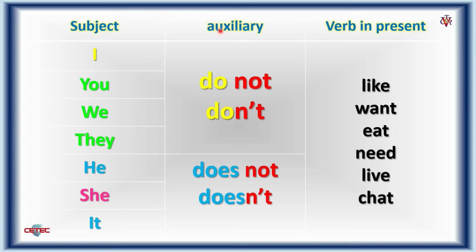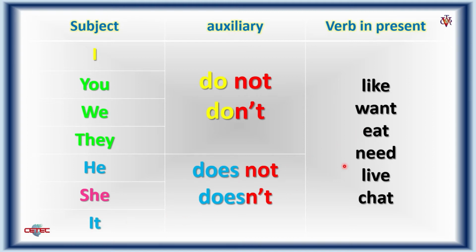The auxiliary is going to be does not or doesn't. Example, he does not live. He doesn't live. She does not like. She doesn't like. It does not eat.